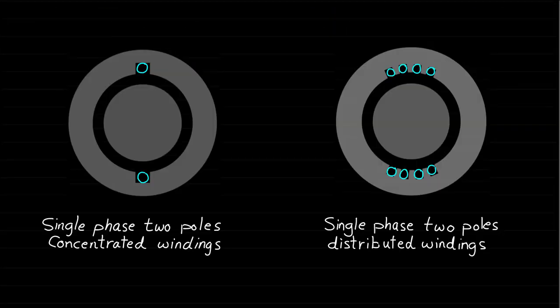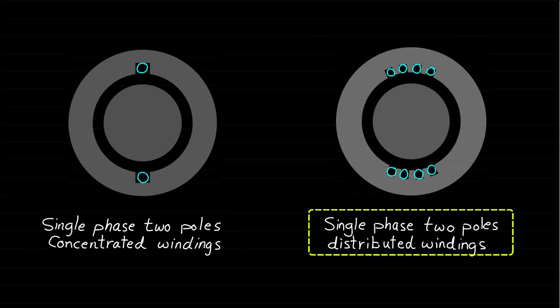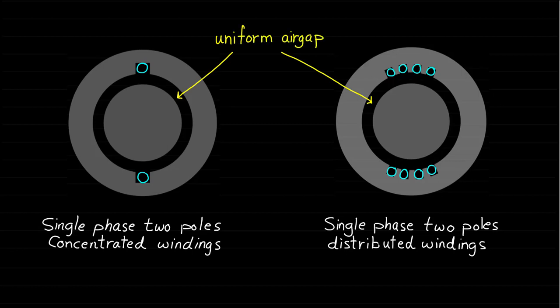Assume we have these two single-phase machines, one with concentrated 2 poles stator windings and the other with 2 poles distributed stator windings. Both have a cylindrical rotor which creates a uniform air gap with the stator.